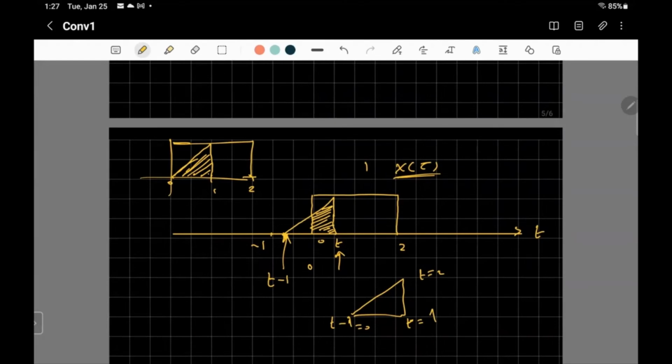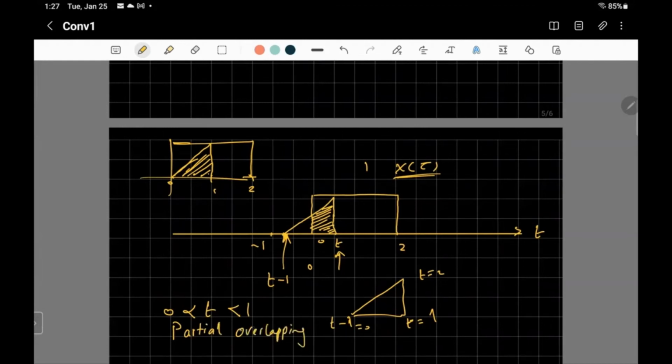So the time will be from 0 to 1. Start from 0 to 1, you will have partial. It should be greater than 0 and less than 1, right? So for t greater than 0 and less than 1, we have partial overlap.